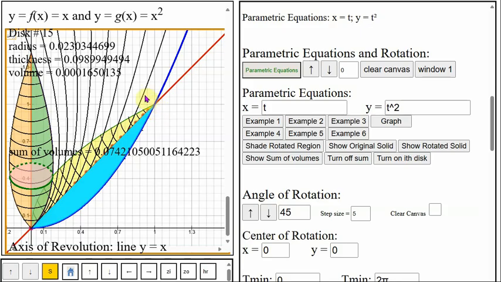So when we rotated the original graph, this point on the y-axis will be the square root of 2. The reason for that is the distance from the origin to the point (1, 1) is the square root of 2, and therefore the distance from the origin to this point will be the square root of 2.